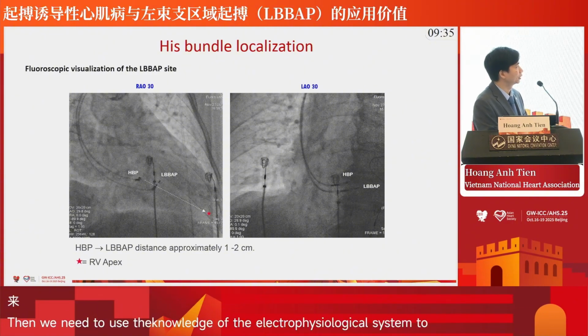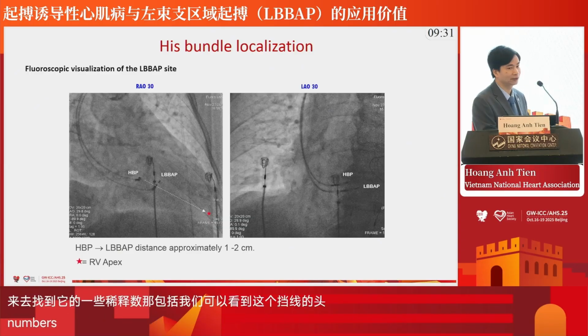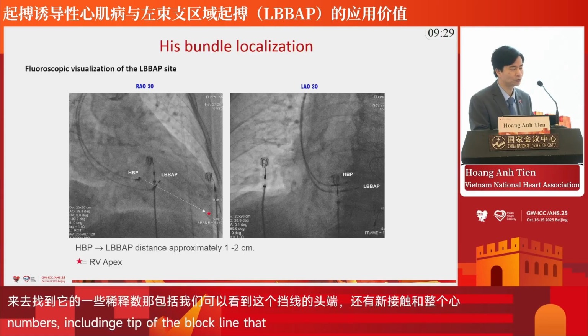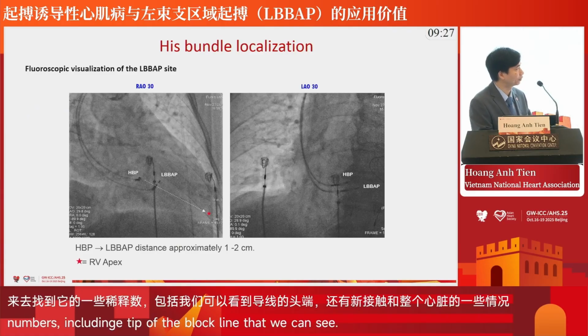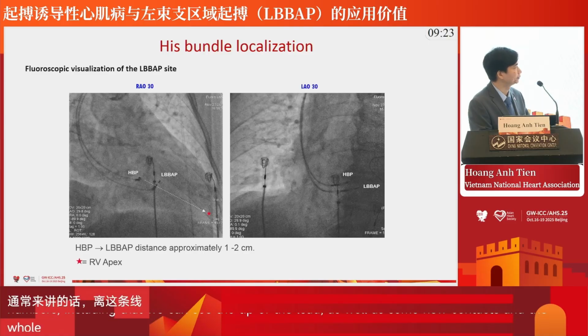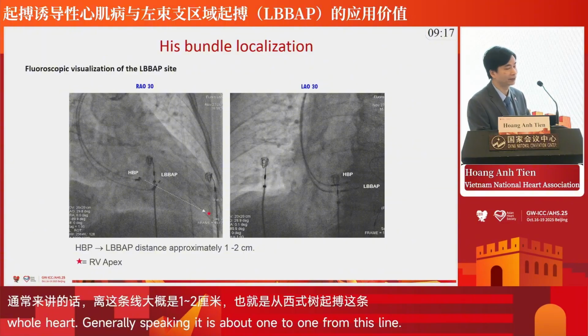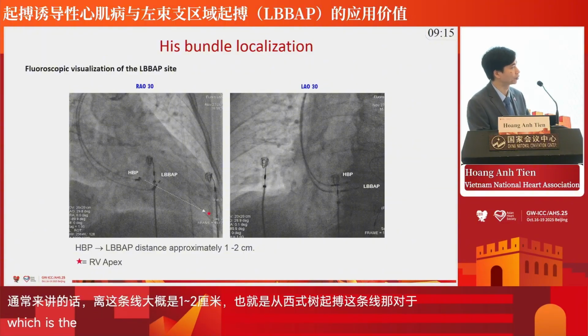The left bundle branch area pacing is approximately 1 to 2 centimeters from this line, from the His bundle pacing. And in the LAO 30 degrees, we can see the left bundle branch area pacing in this position also.